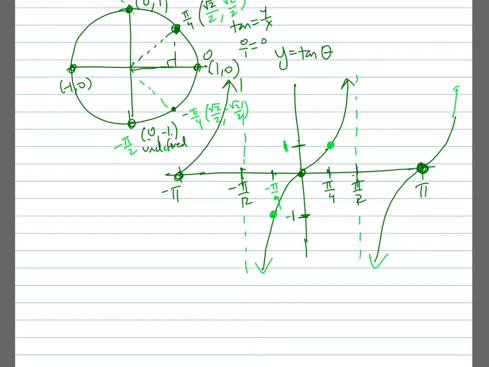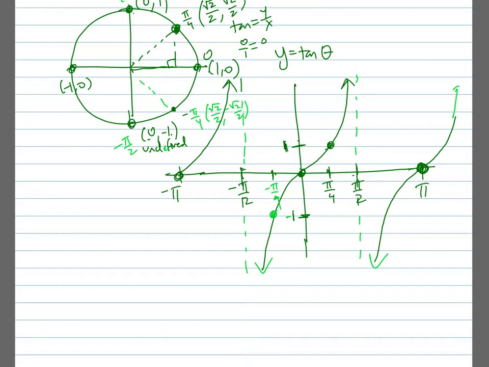It's the square root of 2 over 2. So if you divide y over x, what is any number divided by itself? 1. So pi over 4 equals 1.